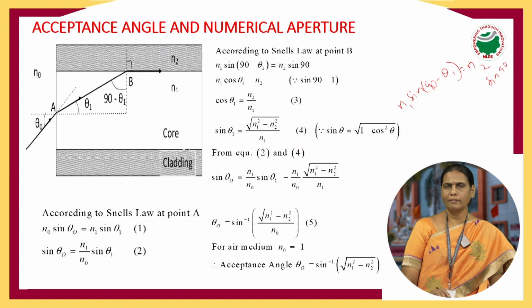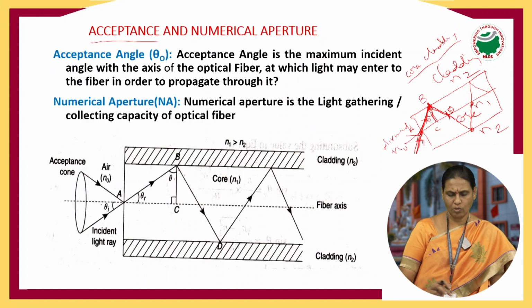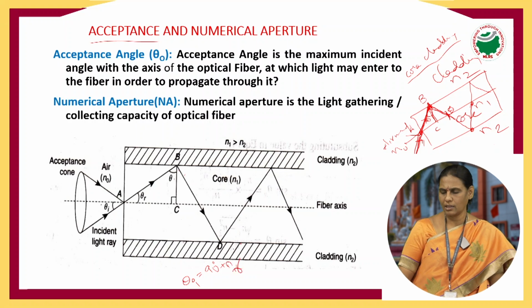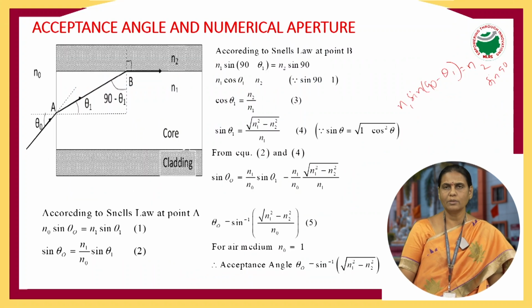Here theta i is equal to 90 plus theta r. So, in terms of Snell's law, n1 sine 90 minus theta is equal to n2 sine 90.